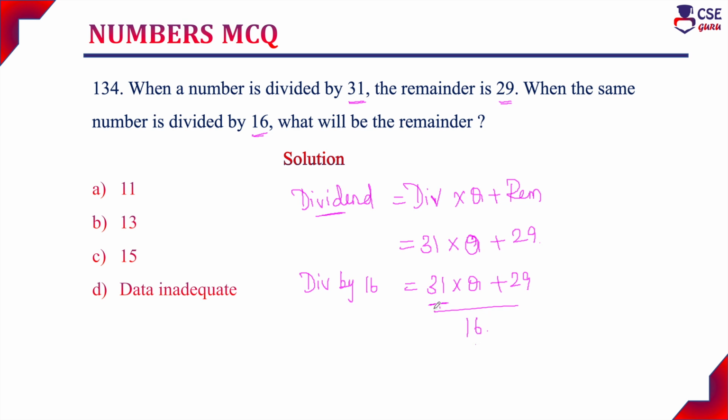So if you are implementing this method, we cannot solve this one. Considering the options, the fourth option they have given is data inadequate. Proper data they have not given, in the sense we cannot solve it. So we will consider the fourth option, data inadequate, since we cannot divide this number in terms of 16.